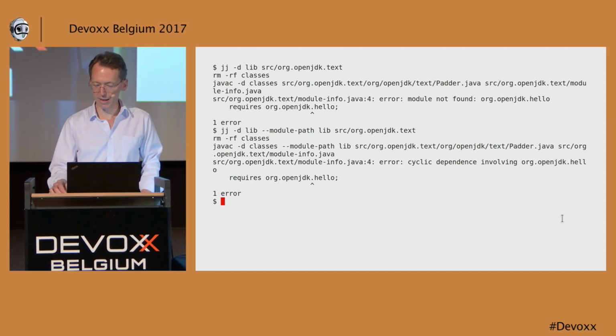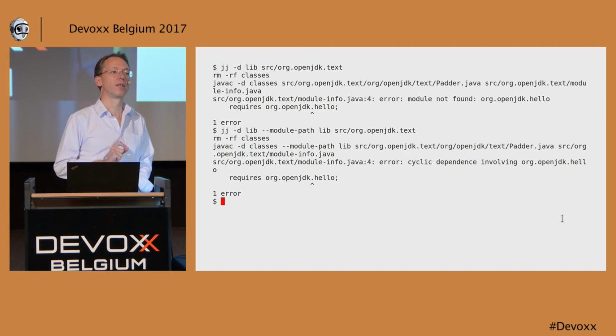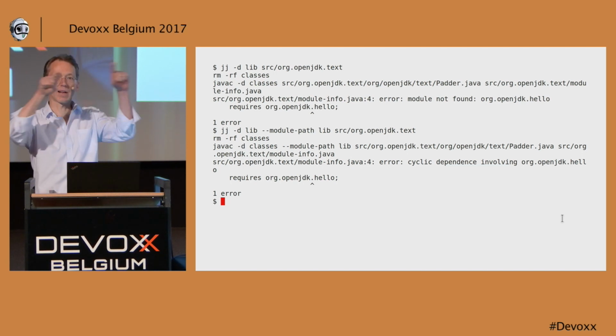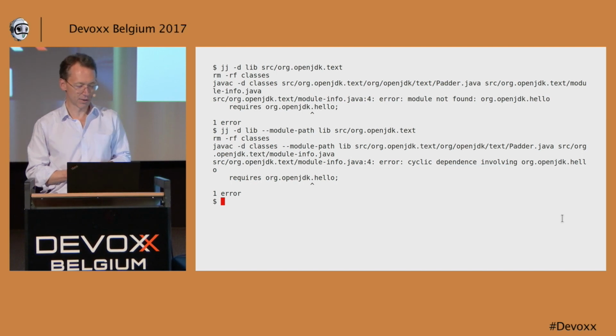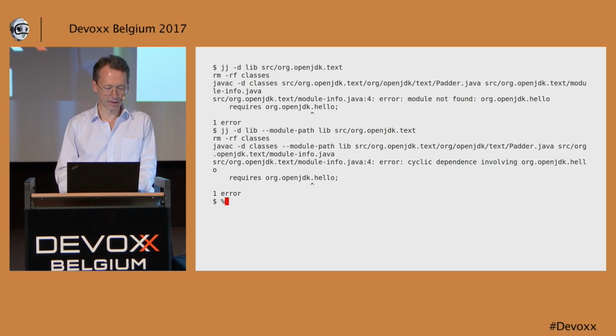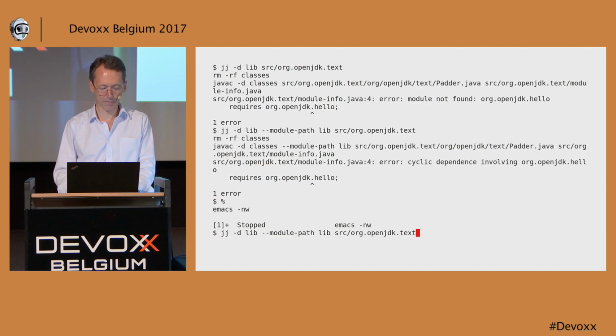The module system forbids it. That's actually not quite true. At runtime, if you really, really need to, you can use the reflection API to set up cyclic read relationships. But it's basically something that's reserved as a workaround or for sophisticated libraries such as reflective frameworks to use. So we'll take that back out.